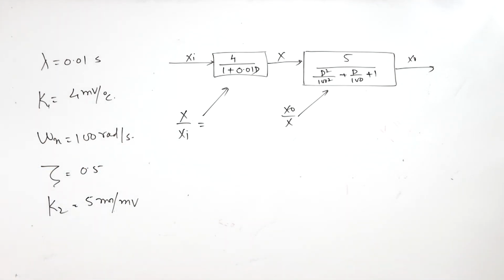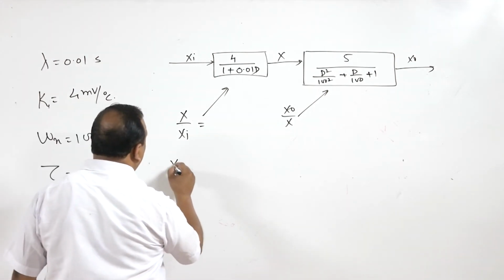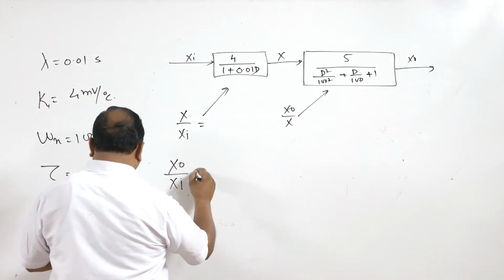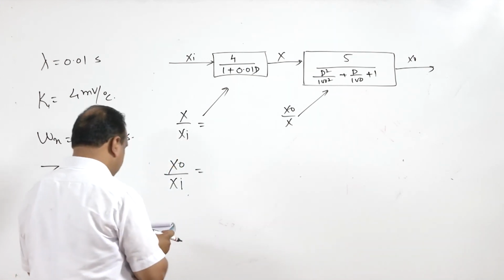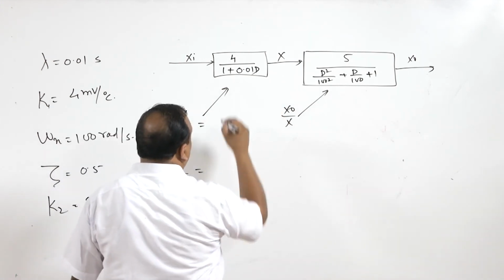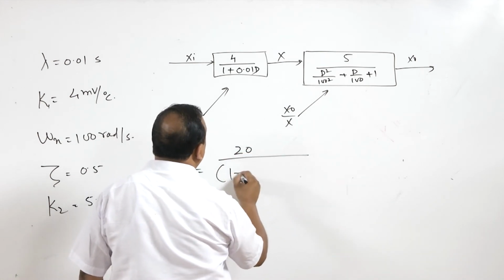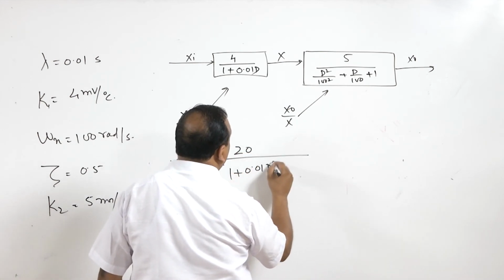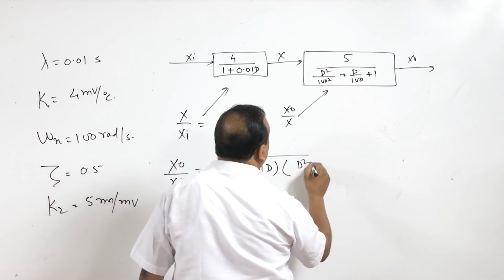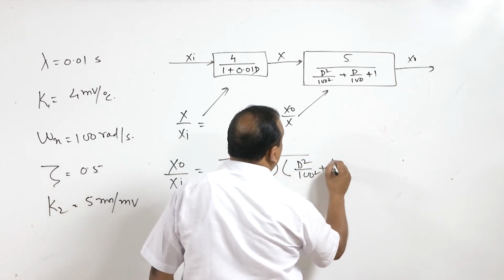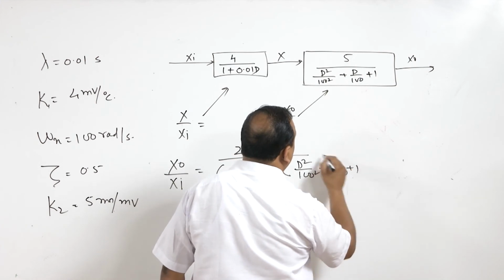Now we want output by input. So XO by xi is going to be equal to the multiple of this: 20 divided by 1 plus 0.01 d, multiplied by d square by 100 square plus d by 100 plus 1.